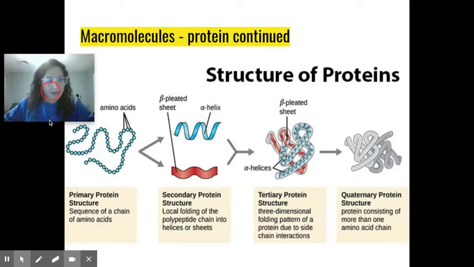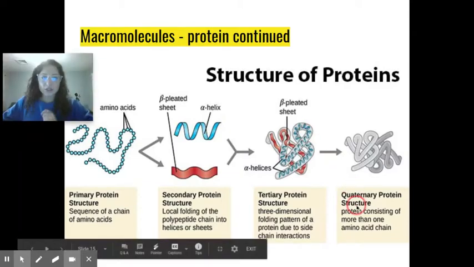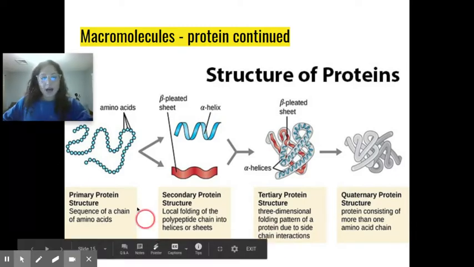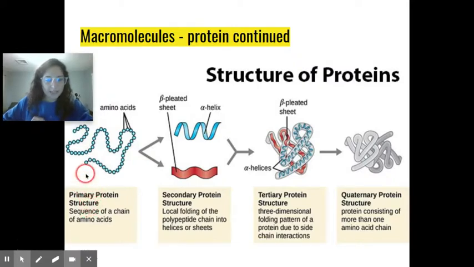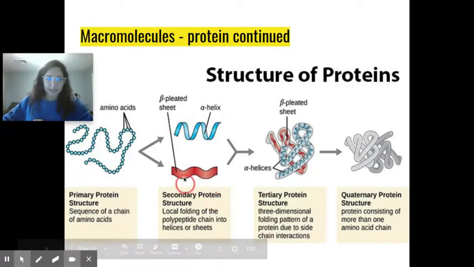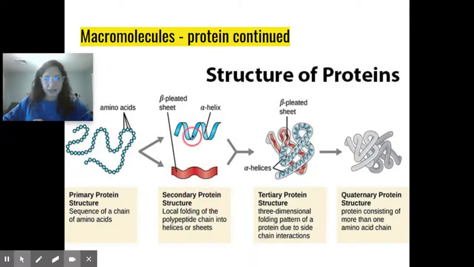Before we move on to the last macromolecule, just to reiterate the structure of a protein, and we will be going into this in more detail when we talk about protein synthesis and how we express our genes and characteristics. The primary structure of a protein is an amino acid chain. Like I said, we take a bunch of amino acids, we put them together, it makes a chain. Each blue circle is meant to represent one amino acid. Once we have that amino acid chain, we get into the secondary structure of a protein. And this is like these patterns here, like a folded sheet, or this more helical shape up here.